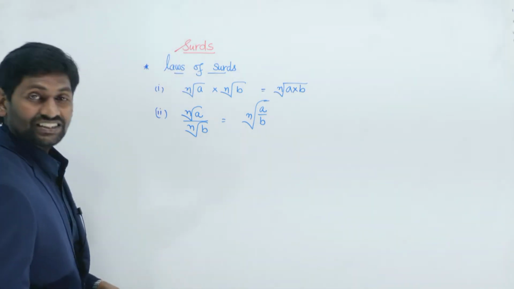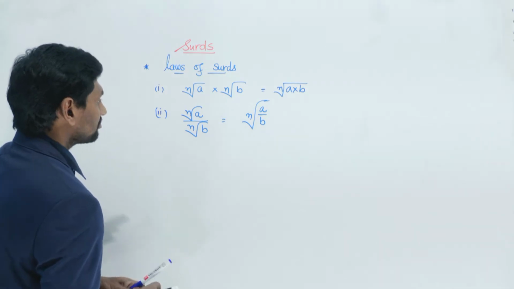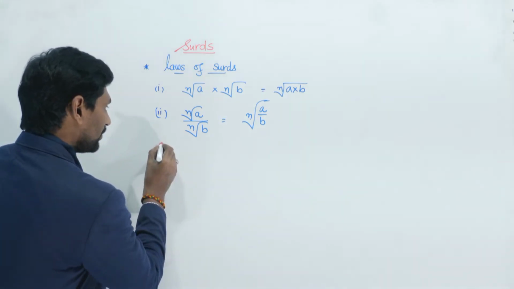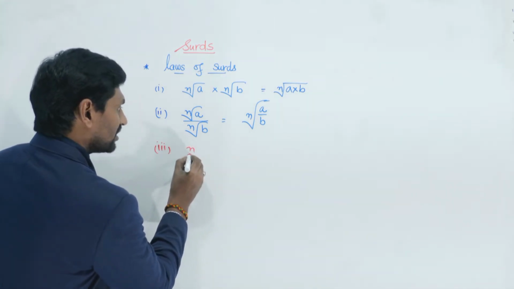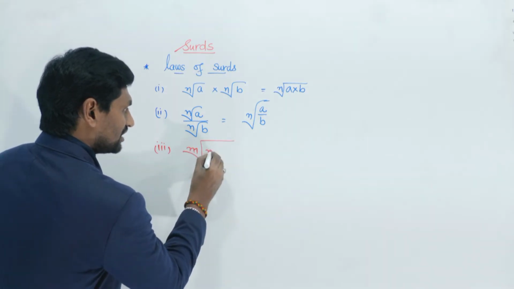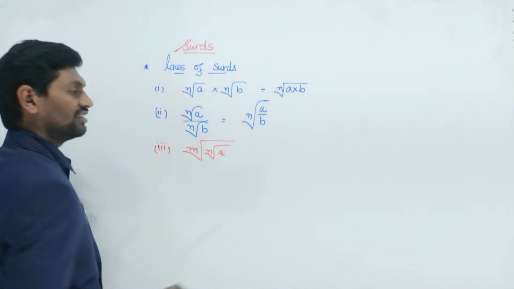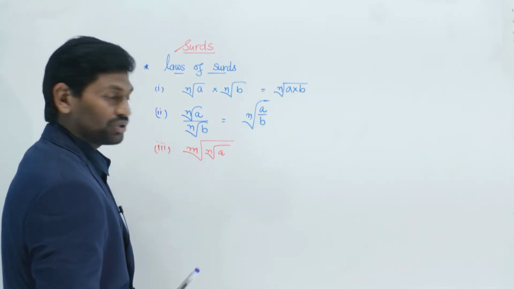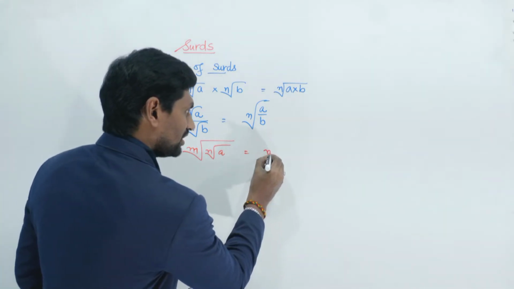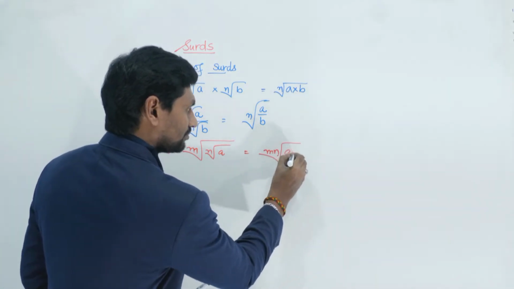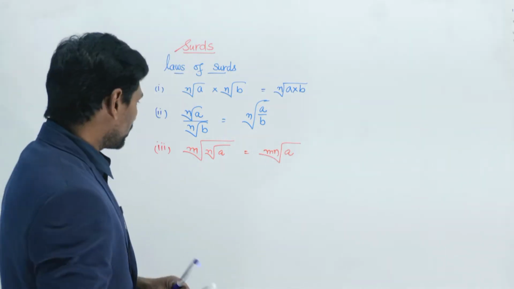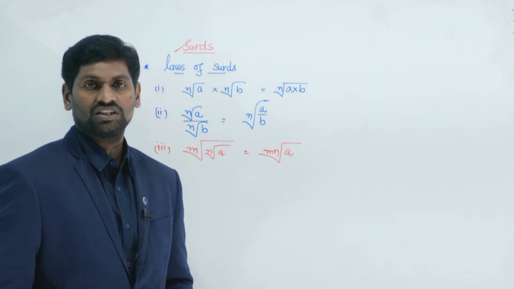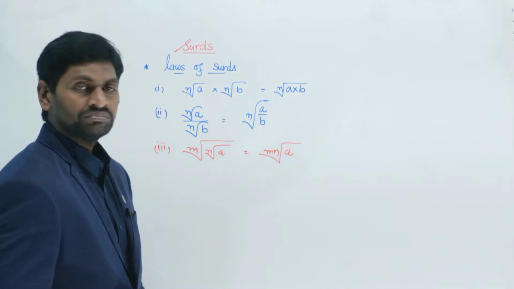Okay. Next, the third law of surds: mth root of nth root A equals mnth root A. This is the third law of surds.